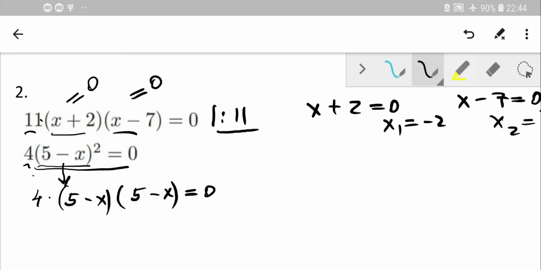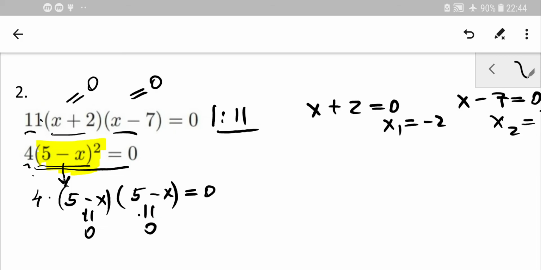You can consider this as the only factor with the 4, so you have 2 factors in this case, but inside there are actually 2 factors in this expression, so it's more correct to use 3 factors in a row, and simply each factor might be 0.